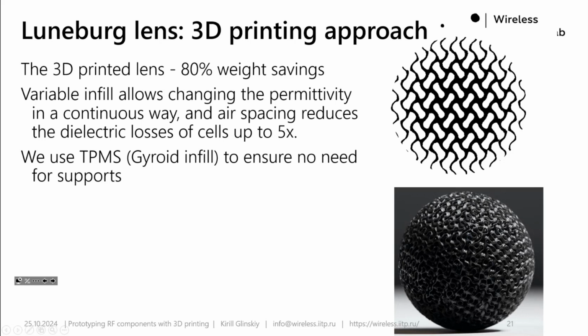This exotic infill is called gyroid infill, and it was chosen both to ensure no supports are needed in 3D printing, and because it has a continuous amount of infill without conflicts. Here you can see the lines that smoothly go from thinner to thicker ones.